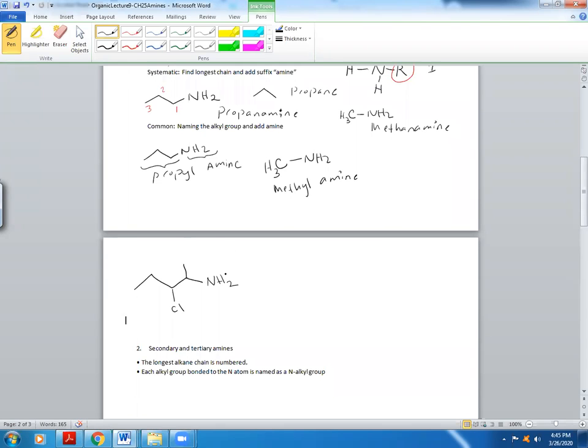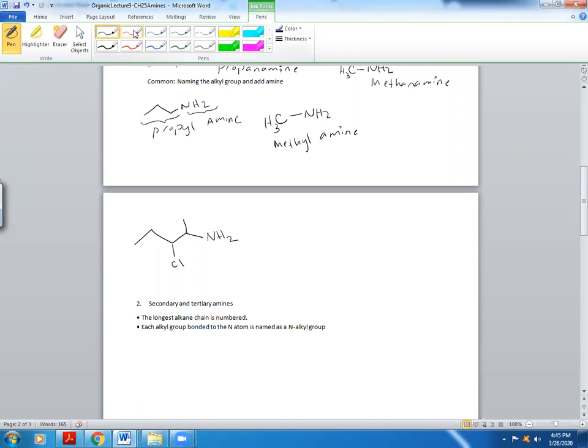Okay. How do we name this? Well, you follow the same rules that you've used before. Find the longest chain, number one, where the N is attached, and then write the name. So let's begin.